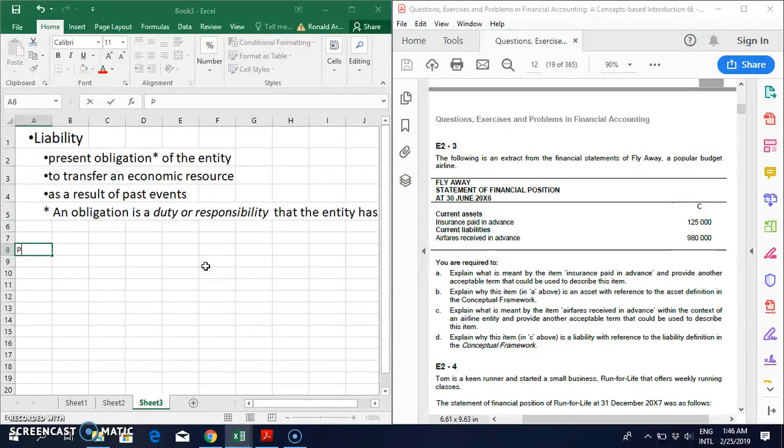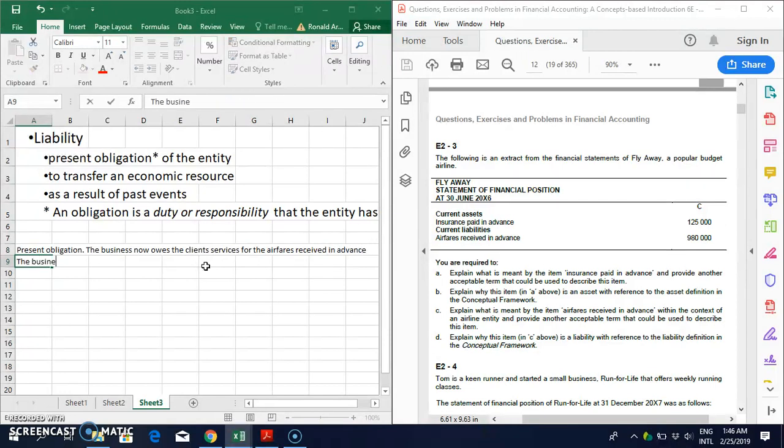So what is the present obligation? In this case, we say the business now owes the clients services for the airfares received in advance, right?